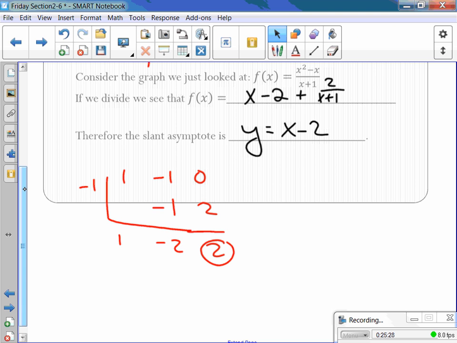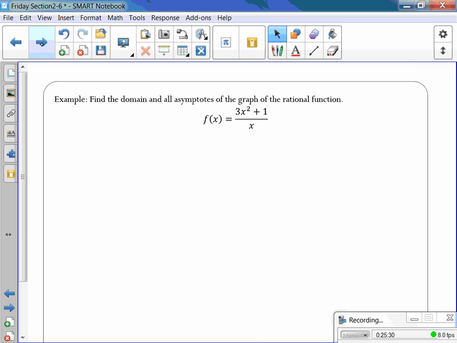So here we have f of x equals 3x squared plus 1 over x. What is the domain? All real numbers except for 0. Absolutely. Are there any common factors?